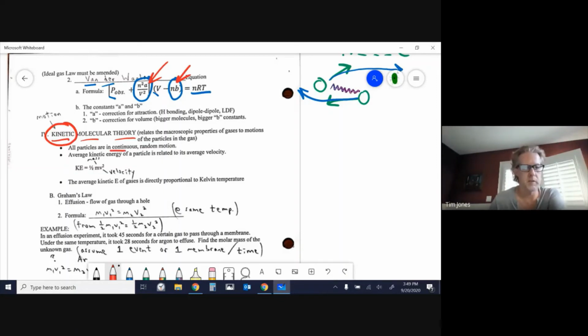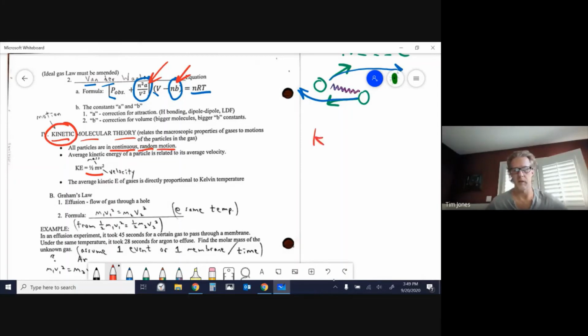So, continuous random motion. If you take the equation for kinetic energy, which is 1/2 mv squared, m being mass, v being velocity, if we assume that two gases are at the same temperature, we can say that their kinetic energies are the same.